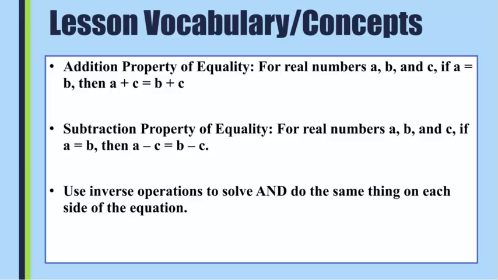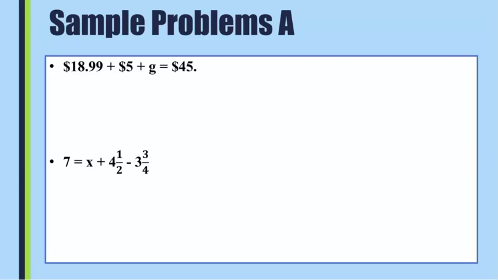So let's look at our examples. Here we have $18.99 plus $5 plus G equal to $45. Here I want to combine like terms. So on this side I have $18.99 plus 5. That's going to give us $23.99 plus G is going to equal 45.